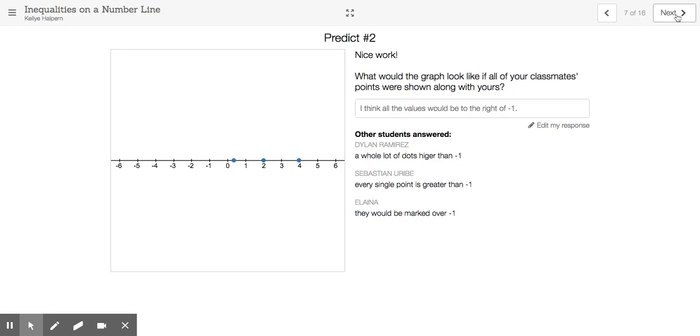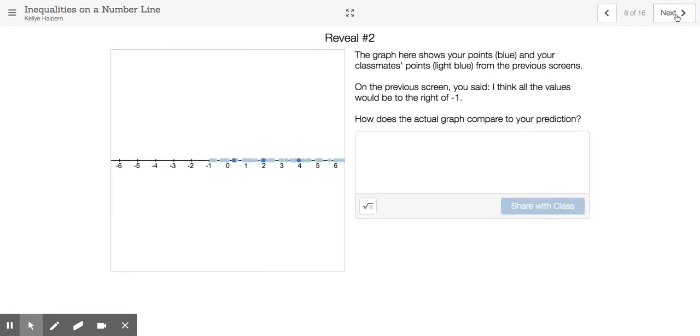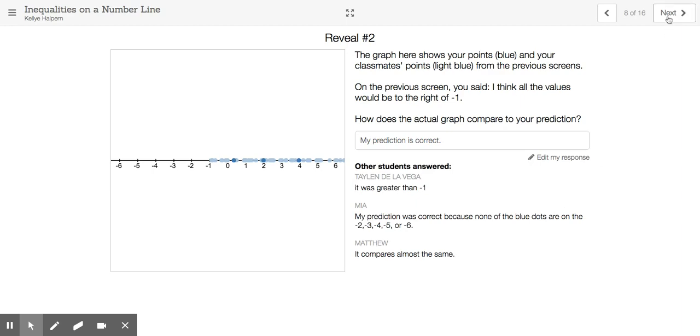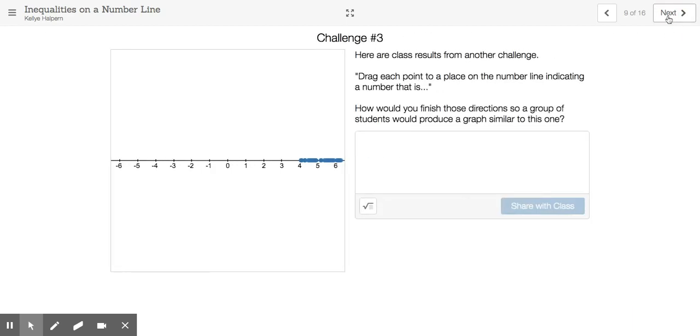See what happens on the next screen. I'm correct. There are a lot of points, and they're all to the right of -1. Some are barely over -1. And it's okay for predictions to be wrong, and then you talk about that.